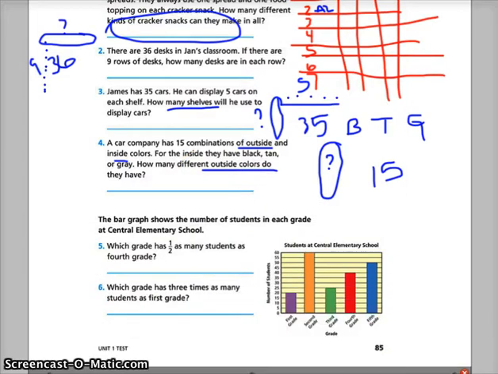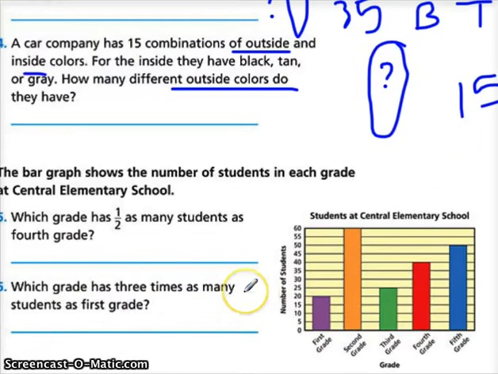Alright, number 5 and 6, we're looking at a bar graph over here. This bar graph shows the number of students in each grade at Central Elementary School. Which grade has half as many students as 4th grade? Okay, so if we look at this closer, 4th grade has 40.